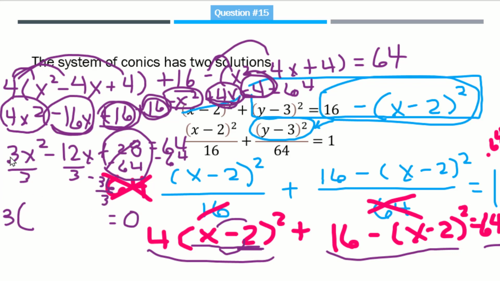So factor a 3 out of 3x squared, and you're left with x squared. 3 goes into 12 4 times, so minus 4x. And 3 goes into negative 36 negative 12 times.